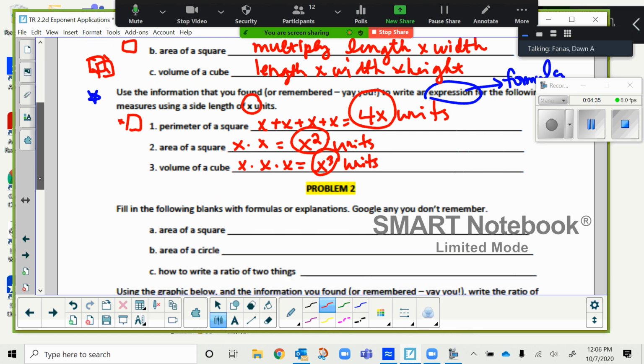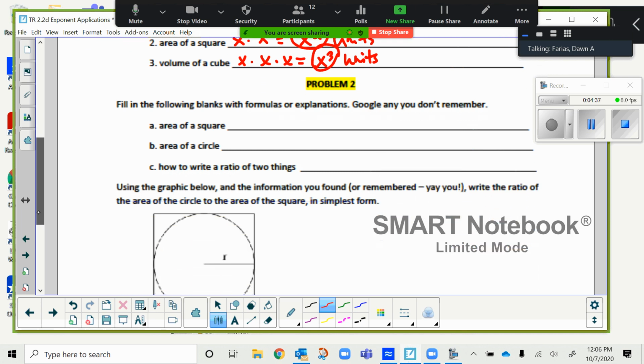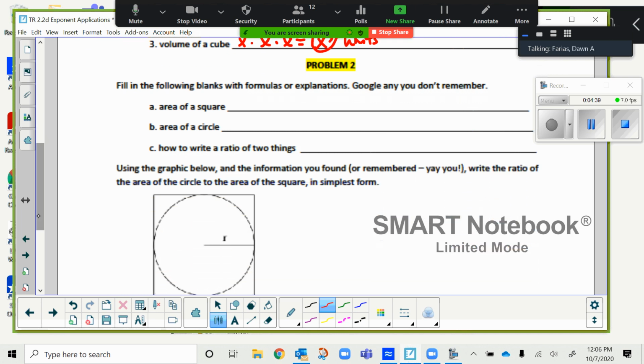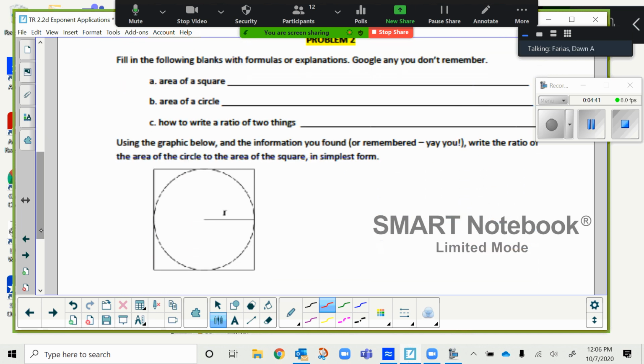So for now, I want you to do this next section with Google. It says, fill in the following blanks with formulas or explanations. Okay, so for area of a square, which we kind of already talked about, I want you to Google area of a circle so you can remember that formula. And then I want you to Google how to write a ratio of two things.